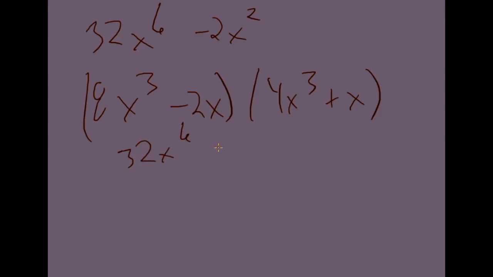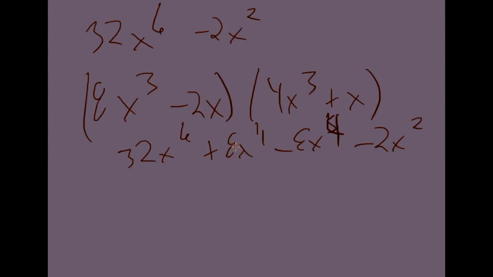I'll write it out for you. This will be plus 8x to the 4th, and then this will be minus 8x to a fifth because, oh, wait a second. 8x to the fourth, yeah, that works. 8x to the fourth, and this will be negative 2x squared.